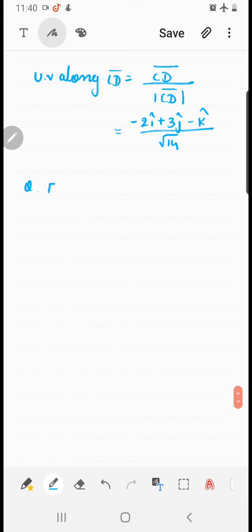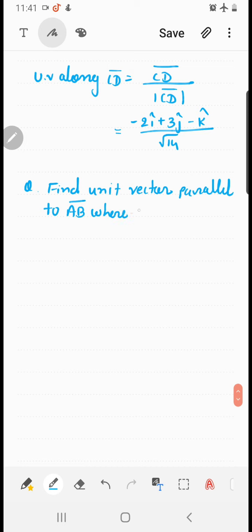Okay, find unit vector parallel to AB bar where A is minus 1, minus 2, 3 and B is, let's say, 2, 4, 8.